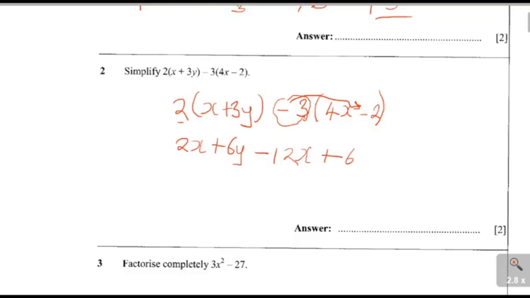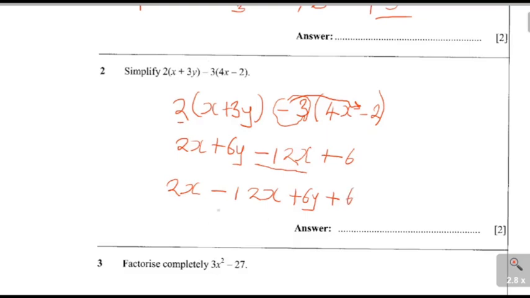So from here, what do you do? You collect the like terms. We have 2x and the like term negative 12x, so you write negative 12x, then plus 6y, and then you are just remaining with a plus 6.